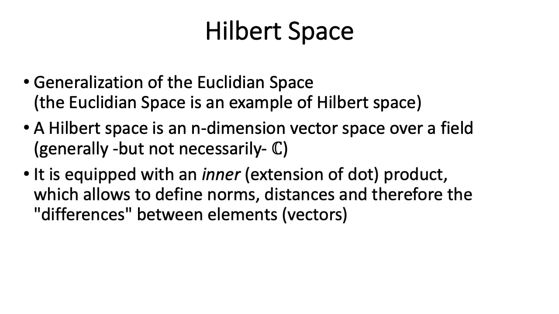And it is equipped with an inner product, which is an extension of the dot product, which allows us to define norms, distances, and therefore the difference between elements, which are vectors. And when I talk about differences here, I really mean it in the broad sense: how much alike they are or how much not alike they are.